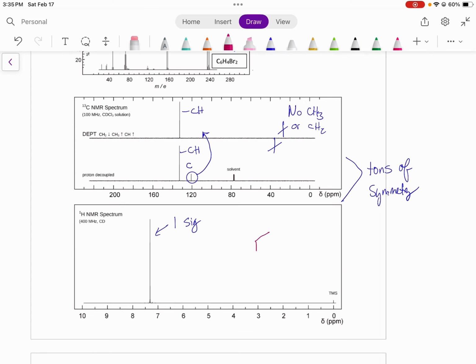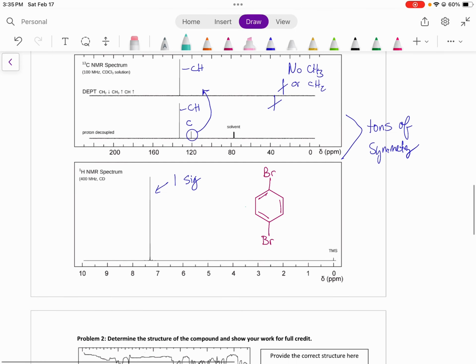So whenever there's a lot of symmetry within an aromatic compound, the first thing I look at is a para substitution arrangement. In this case, Br would be on either side there. So let's take a look and see if this will give us what we want.